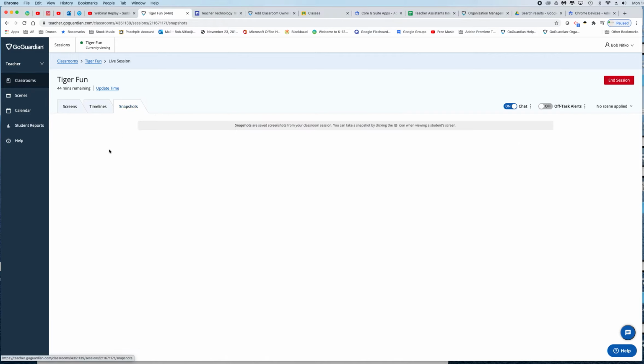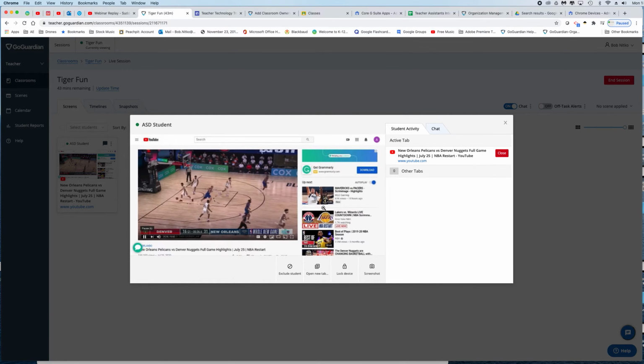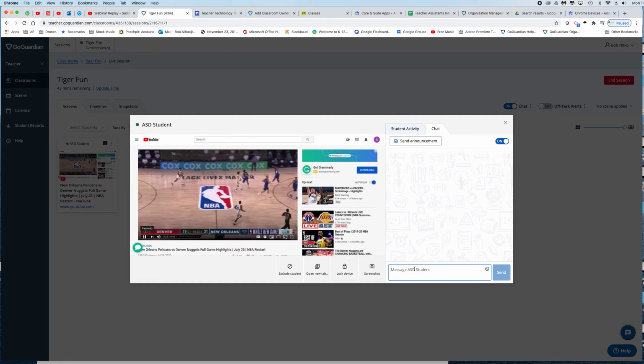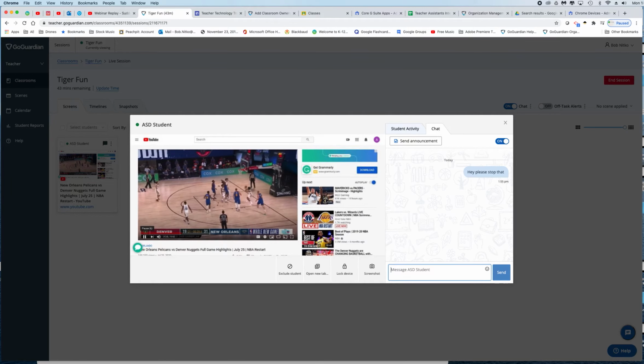And snapshots. We can take screenshots of your classroom sessions by using the icon when viewing the student screen. If we look at the student screen, you can chat with them and say, hey, please stop that.